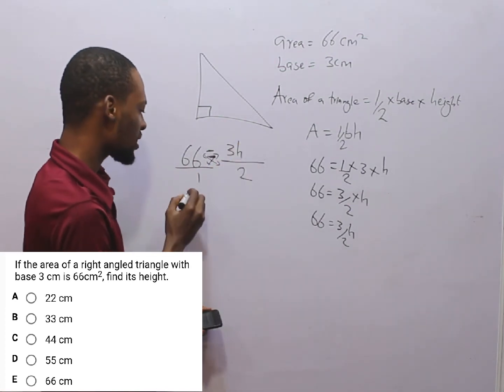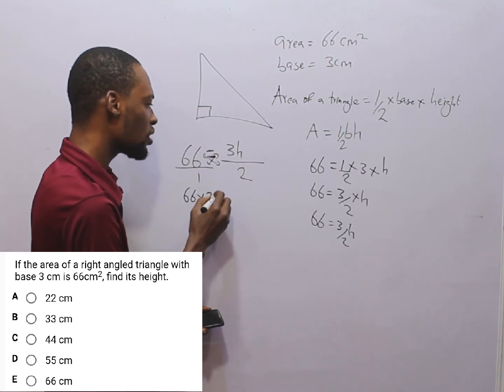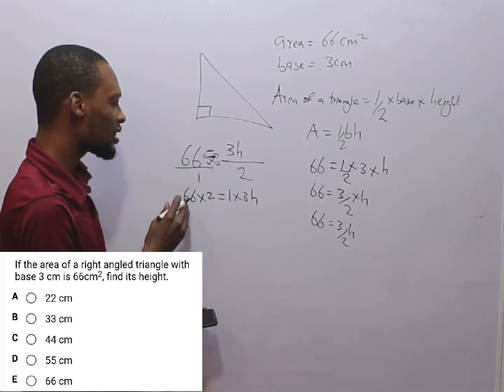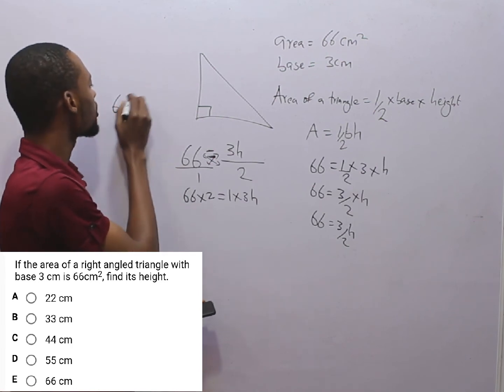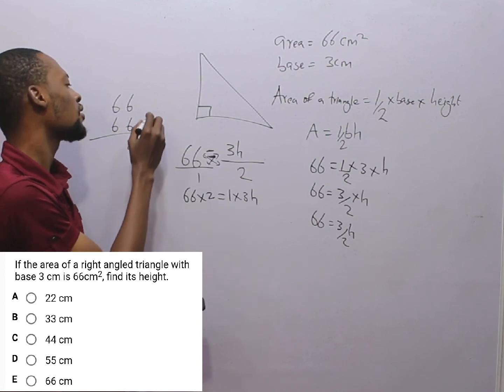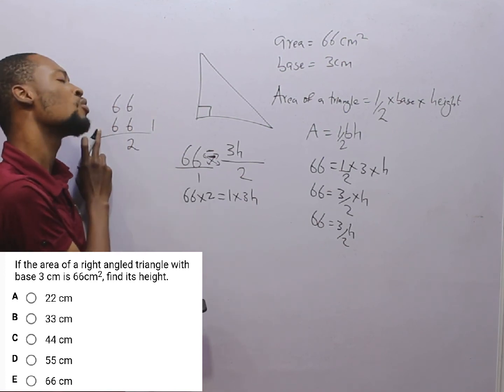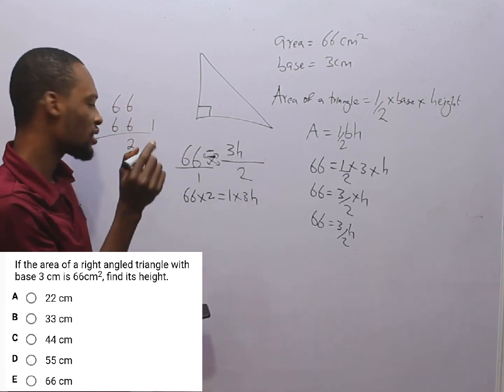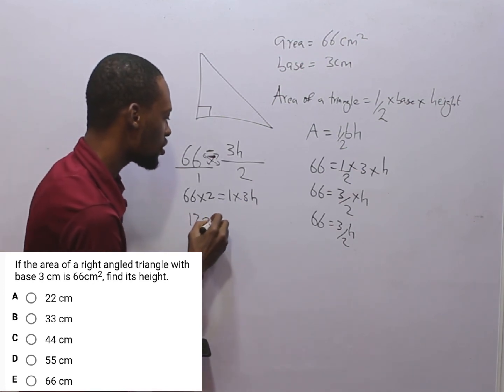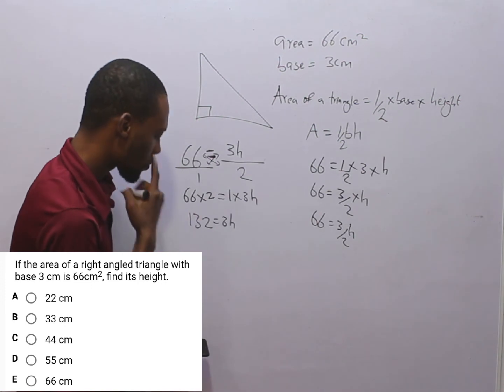So cross multiplying here, we can say 66 times 2 is equals 1 times 3h. 66 times 2 is 66 plus 66. 6 plus 6 is 12. You carry 1. 6 plus 6 is 12 plus the one you carried, 13. That is 132. So 132 is equals 3h.